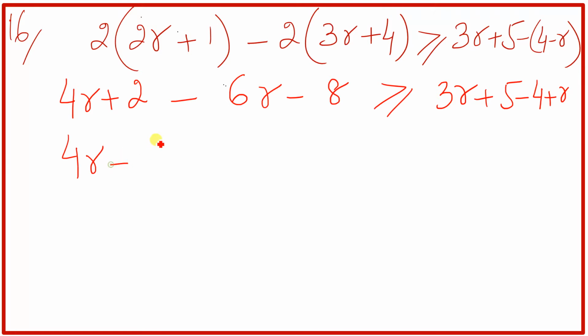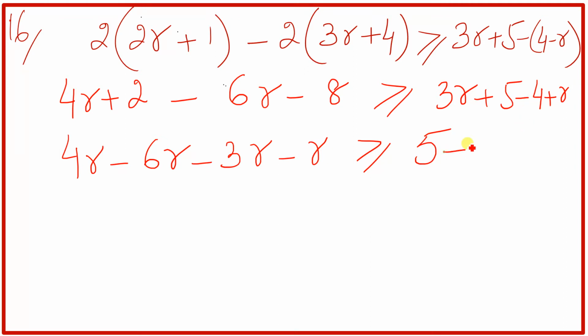4r, this negative 6r will remain the same. On the left hand side, this is 3r, it will be negative 3r on the other side. Positive r will be negative r on the other side. Only we have positive 5, negative 4 on the right hand side. But here we have this positive 2 and negative 8. Take the transpose, it will be negative 2 and positive 8.